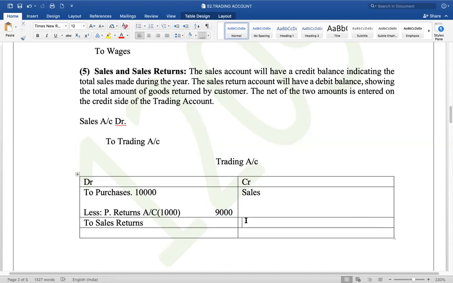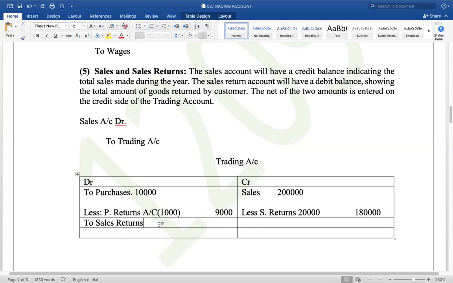Now, similarly, when you have sales of, let's say, 2 lakhs, either you can do it like this, less sales returns of 20,000, then you will get 1,80,000. So this is how you can do.